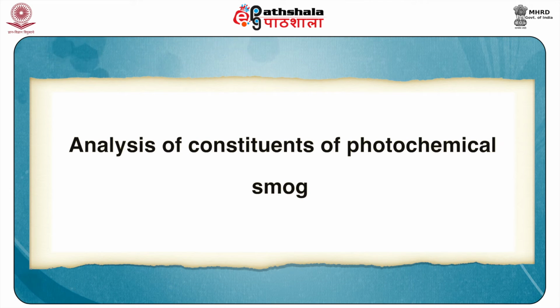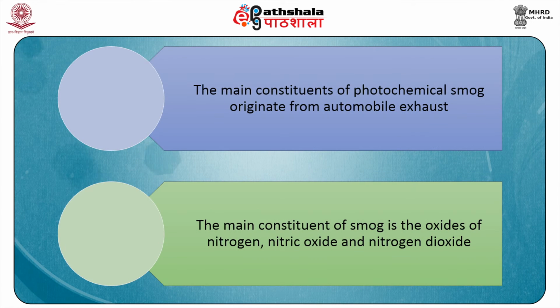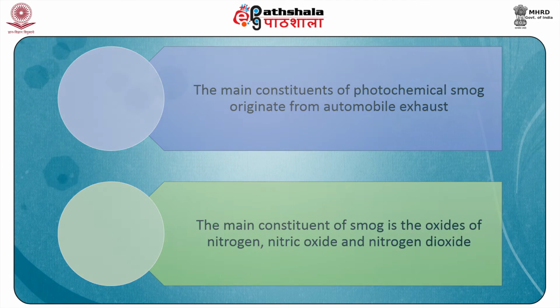Analysis of constituents of photochemical smog. The main constituents of photochemical smog originate from automobile exhaust. The main constituent of smog is the oxides of nitrogen, nitric oxide and nitrogen dioxide.